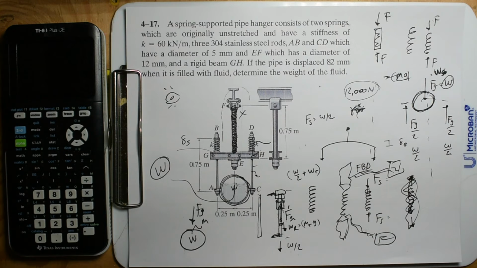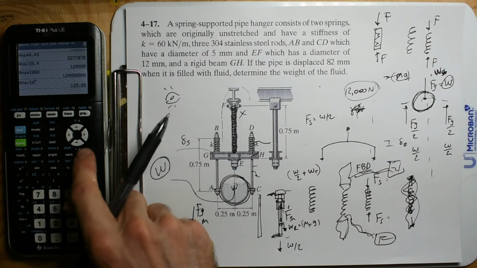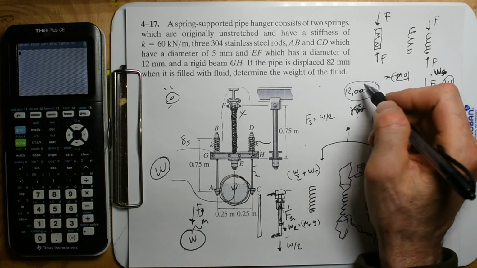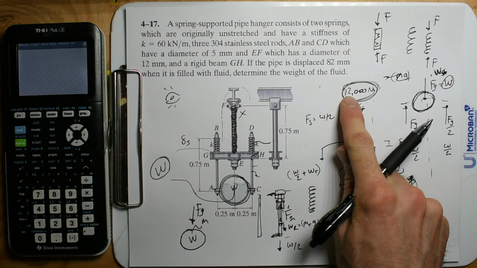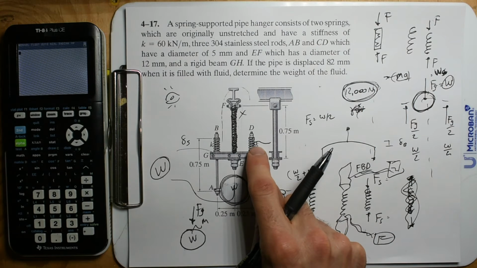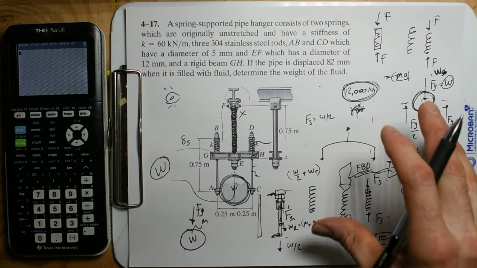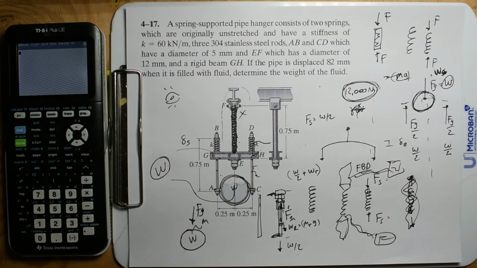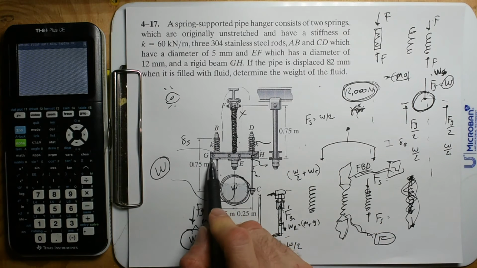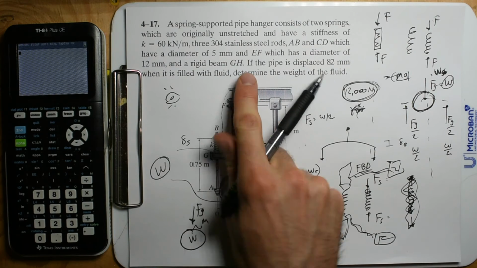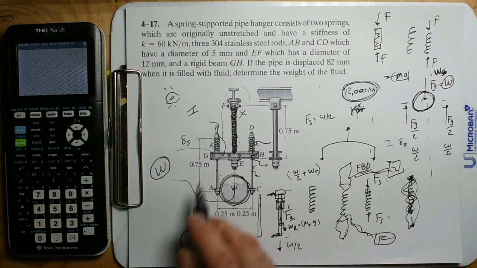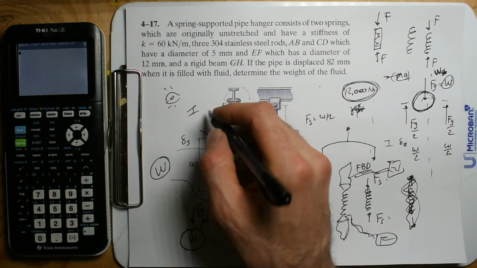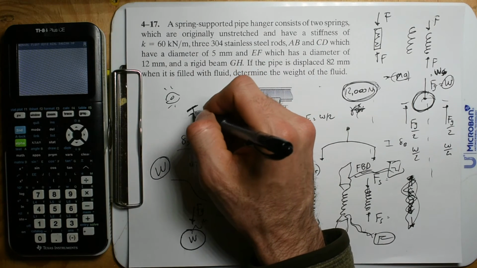Now, we could see if it even makes sense to do. If our initial guess was just 12,000 just from the springs, one check on reality was how much all this stuff weighs. But it doesn't even tell you the weight of GH. It doesn't give you any information on that rigid beam. It doesn't give you a moment of inertia.